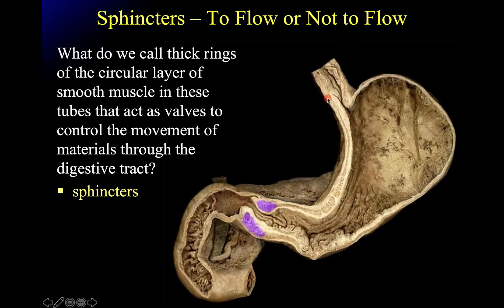We of course do have a slightly weaker valve up here, and we have other ones in our digestive tract. There's one between the small intestine and the large intestine, and then we have a couple of them at the end of our large intestine that help control defecation.